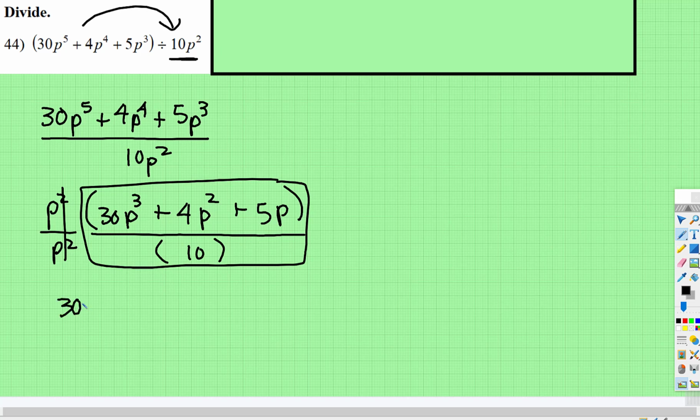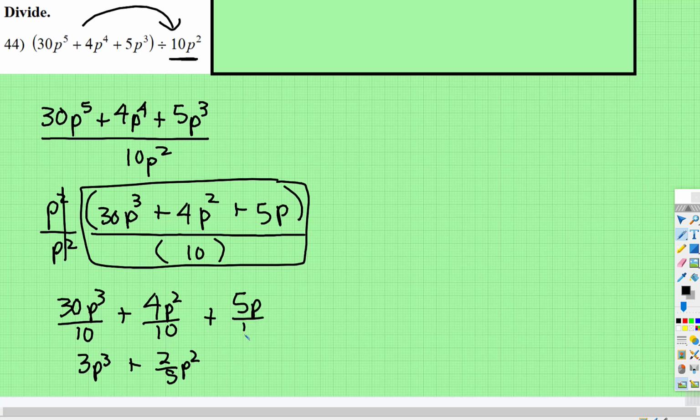So this would be 30p cubed over 10, which simplifies to 3p cubed, plus 4p squared over 10, which simplifies to 2/5 p squared, plus 5p over 10, which simplifies to p divided by 2. So there are certain uses where you would actually want to break this down, but if not, you could leave the final answer like that.